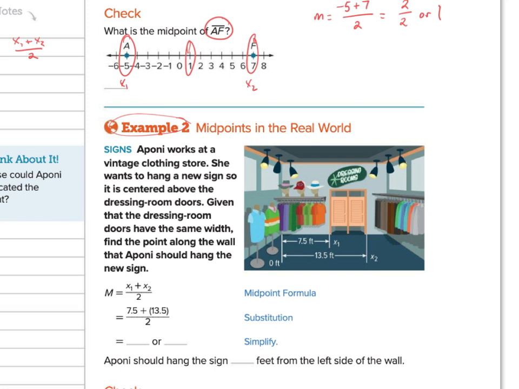Given that the dressing room doors have the same width, so those are equal, find the point along the wall where she should hang the new sign. So we are trying to find this point right here. That's what I'm thinking.